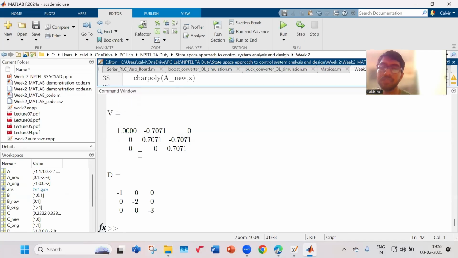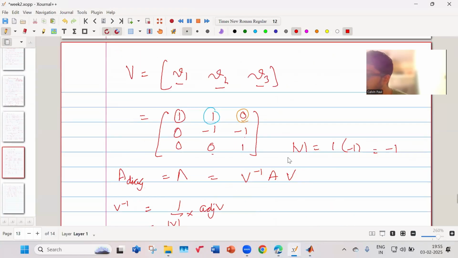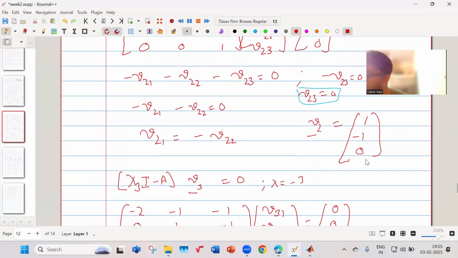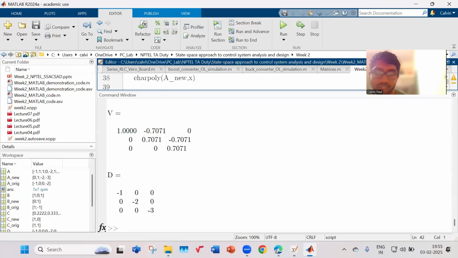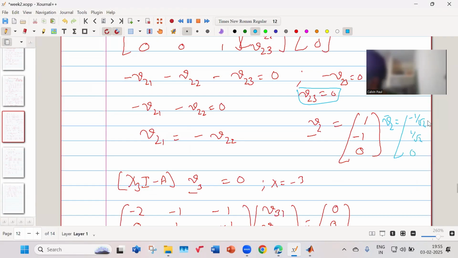So if we remember the eigenvectors which we got, 1 0 0. And then we got V2 bar, you remember, 1 minus 1 0. What MATLAB has got is minus 0.7 upon 0.7. So now there's a confusion, right? MATLAB has got V2 bar as minus 1 by root 2, 1 by root 2, and 0.